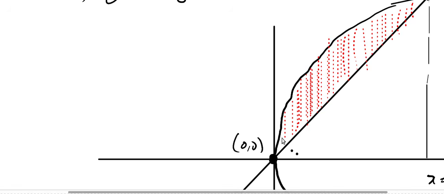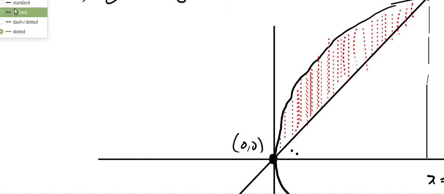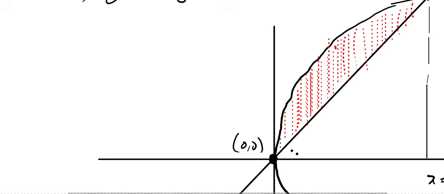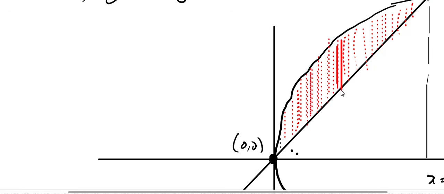Now look at this, I told you, you can make the strip anywhere you like, but whenever you make the strip, you have to check the projection on the x-axis. It's obvious that x varies from 0 to 1.